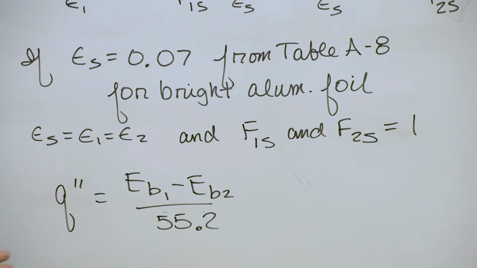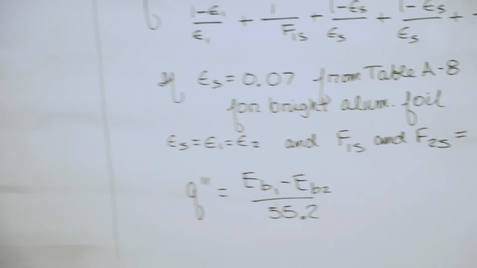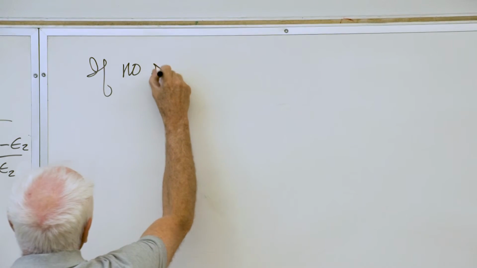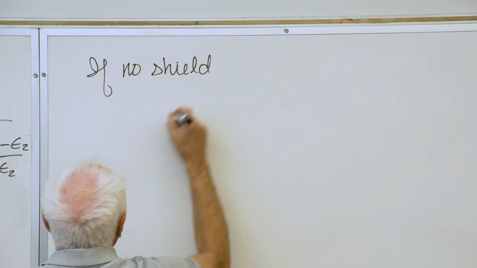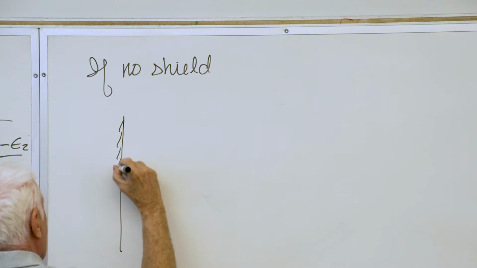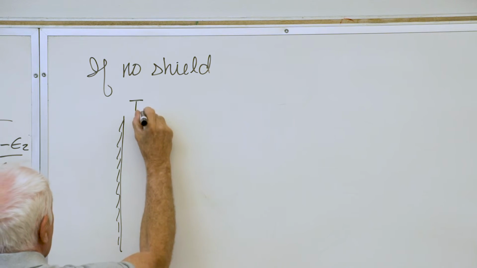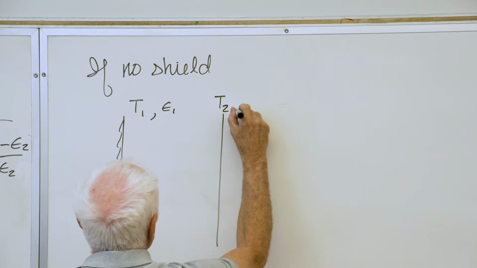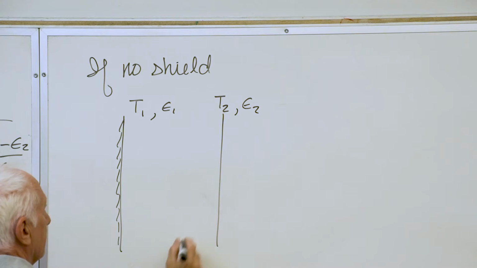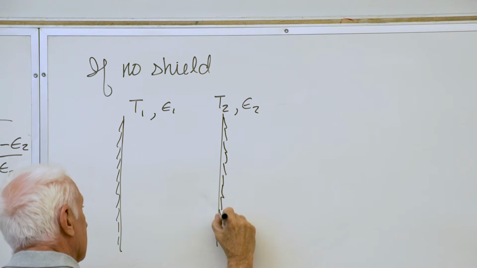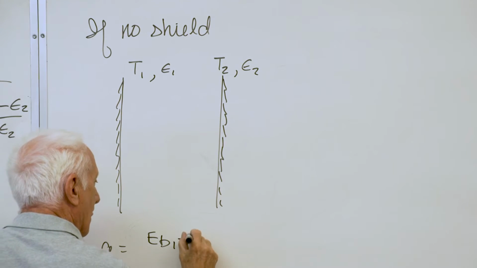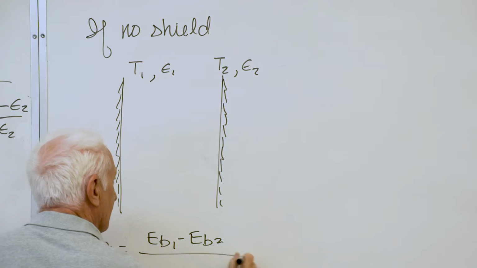Okay, now let's contrast that to what would happen if we didn't have the shield there. If no shield. Surface 1, surface 2, no shield, Q equals same thing, numerator, divided by the resistances.